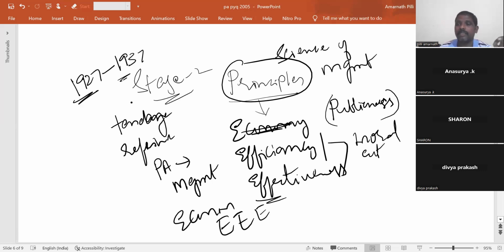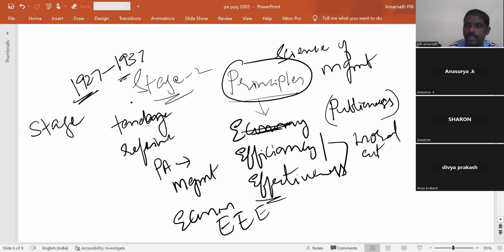Public administration virtually lost its ethical and moral character. This second stage is regarded as the stage of orthodoxy.